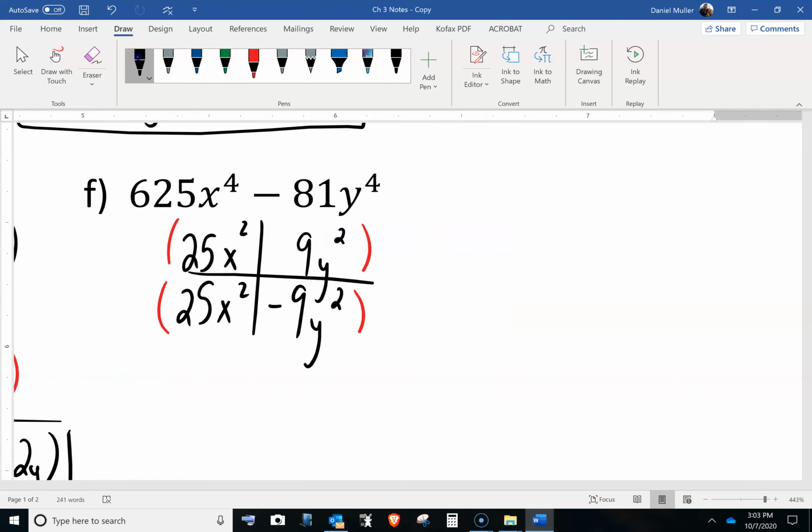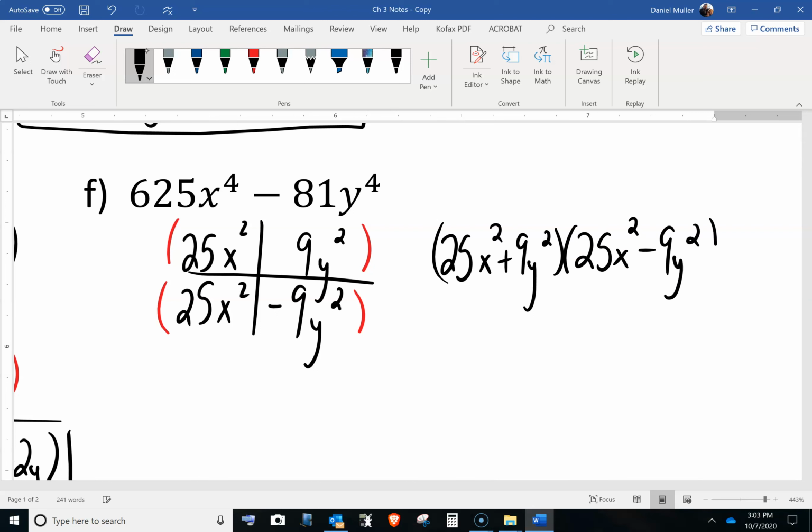So I've got a 25x squared plus 9y squared, and a 25x squared minus 9y squared. Okay, so I see that minus. I see the 25 is a perfect number, 9 is a perfect number, x squared and y squared are both squared, so they can turn into single x's. So I'll do that.